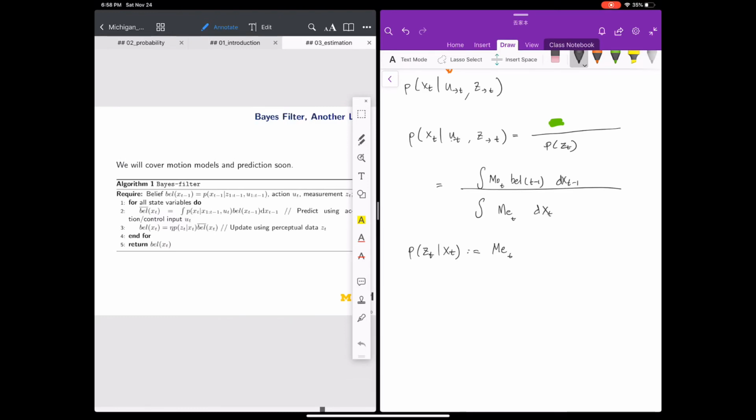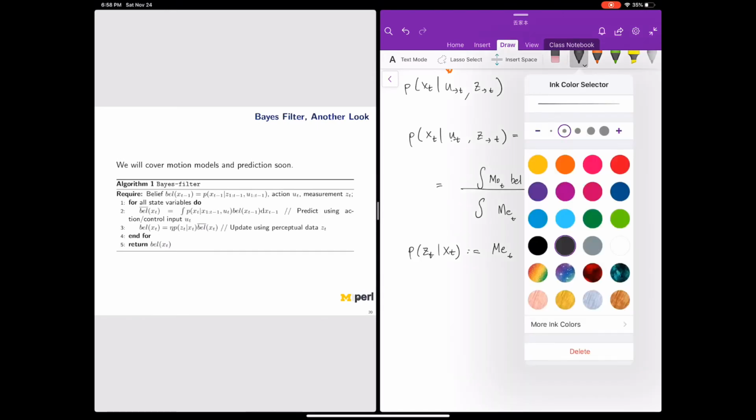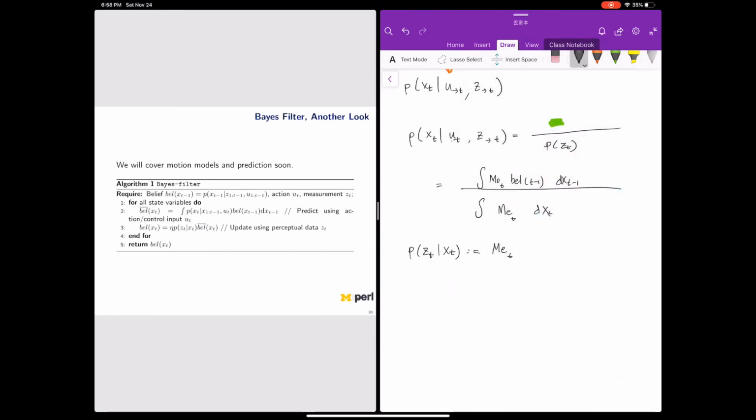Okay, so here is the Bayes filter, right? That's the thing. To try to understand it, let's write it down.